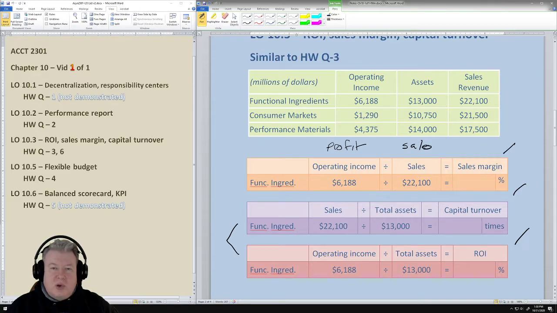So if you sold $10 worth of items and you came away with $2, well, that's 20% profit. And that's all that we're doing here. So this one is going to be a profit of 28%. So what you're saying is for every $1 of sales, 28 cents is profit, or 28 cents is your margin.